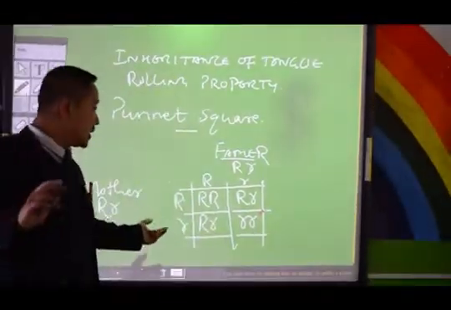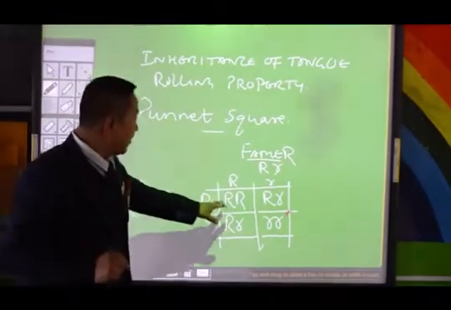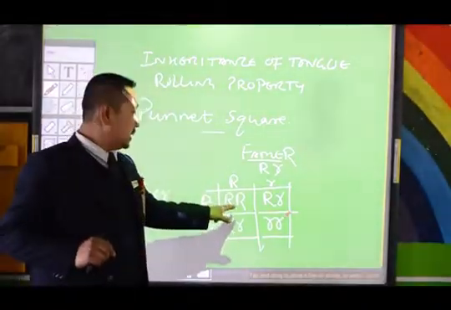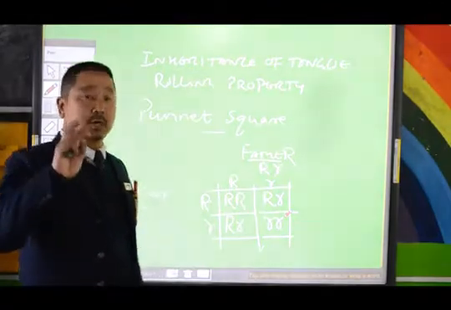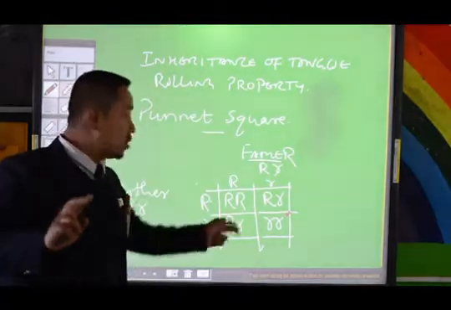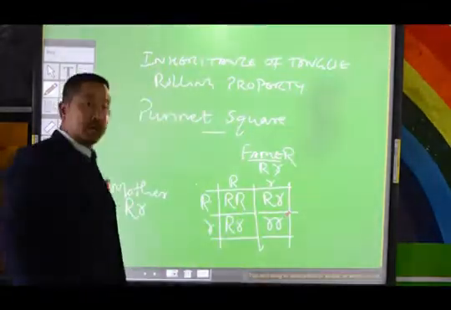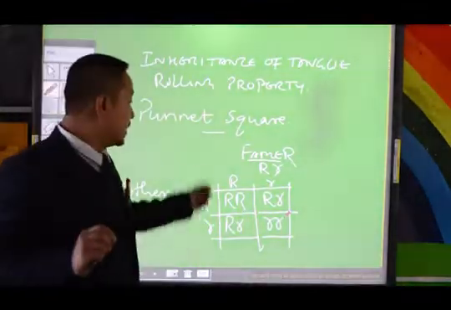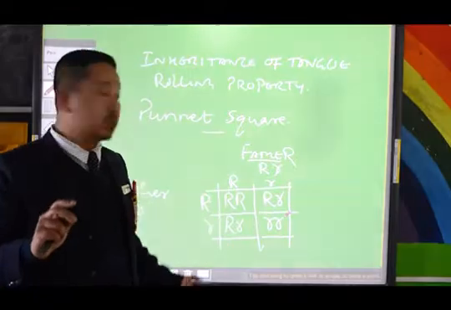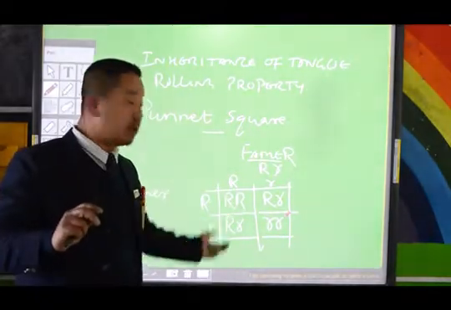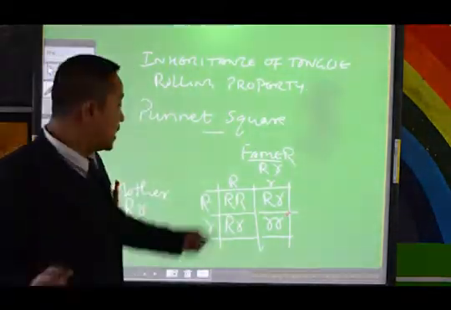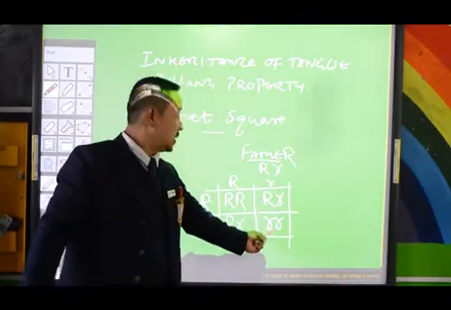But in the 4 children, what we can find is that the first one is homozygous dominant and can roll the tongue, and the second and third also can roll the tongue, but the genetic composition is different. The genetic composition here is heterozygous dominant, and the last one is recessive.